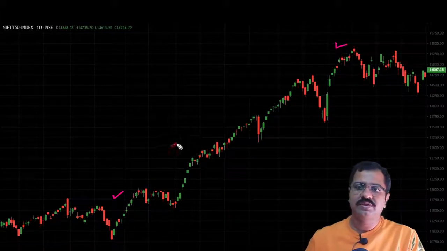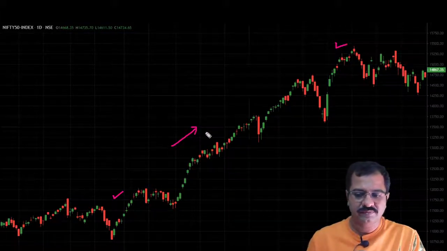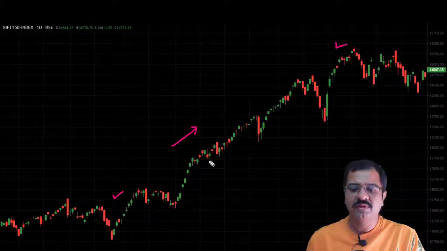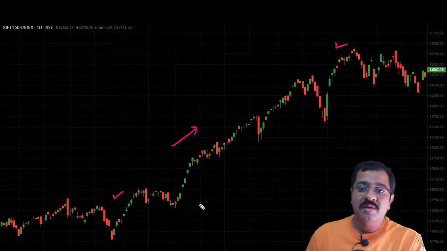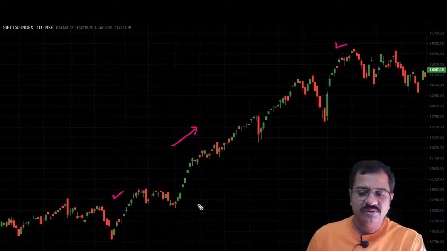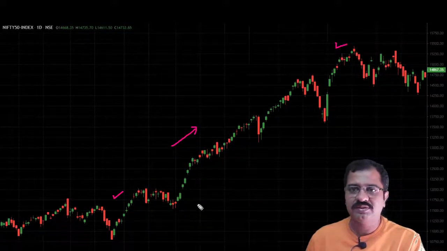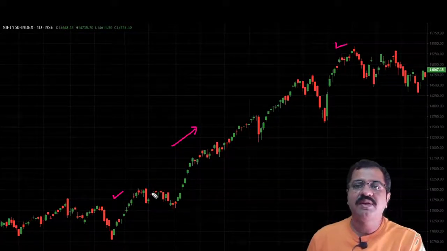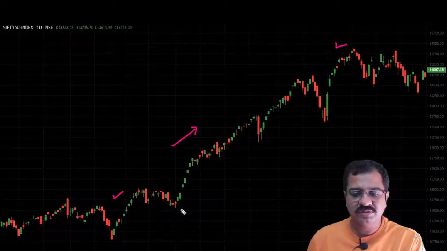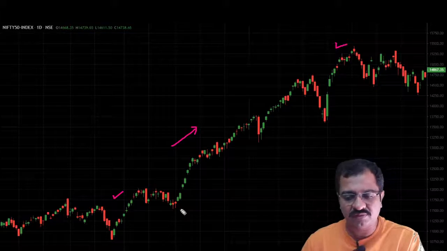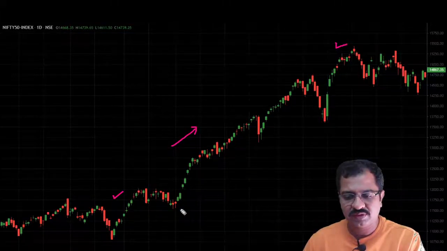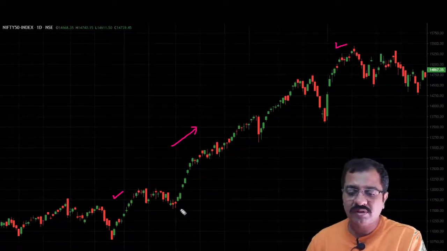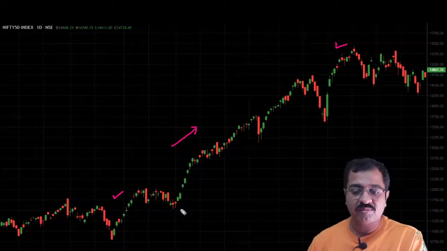So this is a good uptrend, right? When such a trend starts, people take positions based on this trend. It can be an uptrend or downtrend, and it is called trend trading or momentum trading.